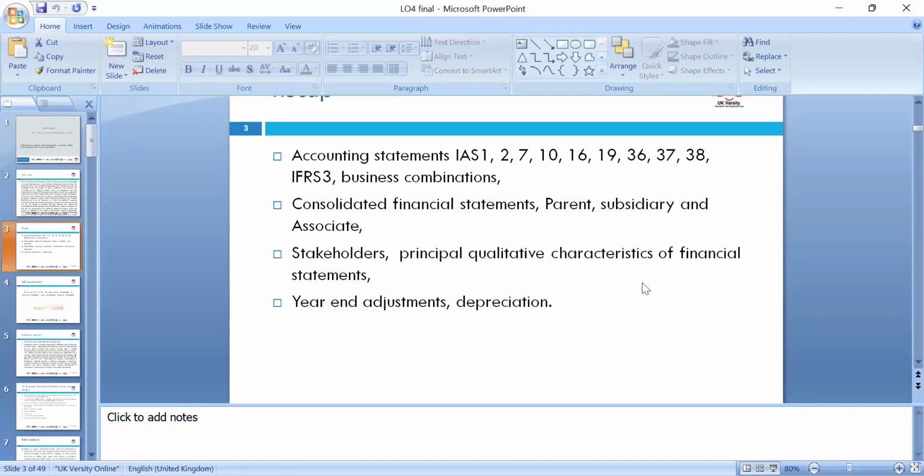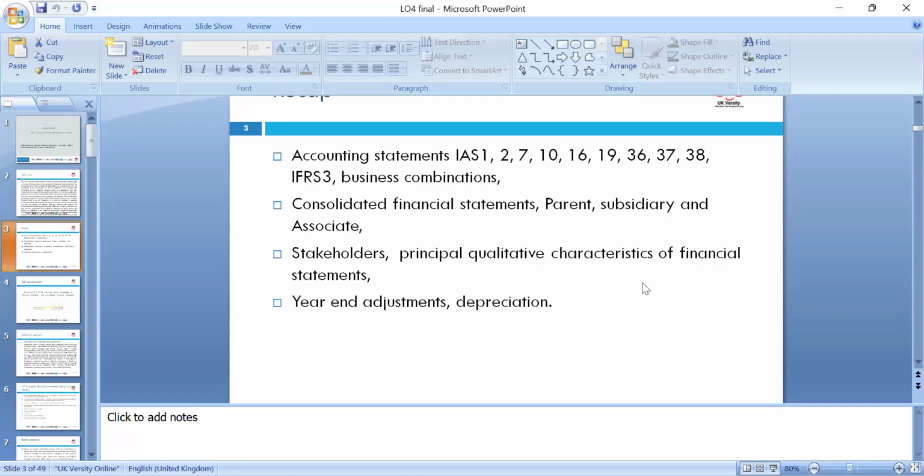We discussed IAS 7, the cash flow statement, IAS 10, events and adjusting events, IAS 16, property, plant and equipment, IAS 36, impairment, IAS 37, and IAS 38, goodwill, revaluation, impairment and the different accounting standards.